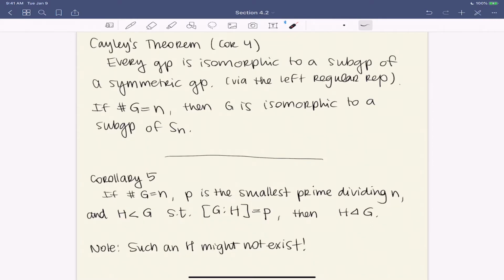That's not guaranteed by anything. But if there is a subgroup H of index P prime, and P is the smallest prime dividing n, so that's pretty restrictive, but qualifying exams always find a way to make use of this, then this group has to be normal. It doesn't have a choice.